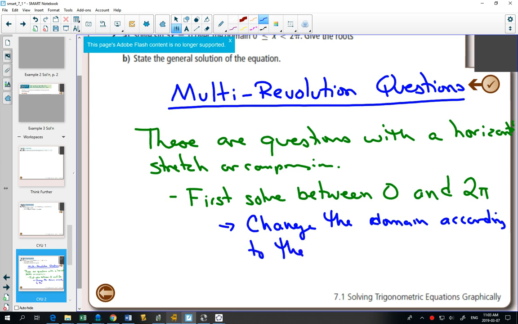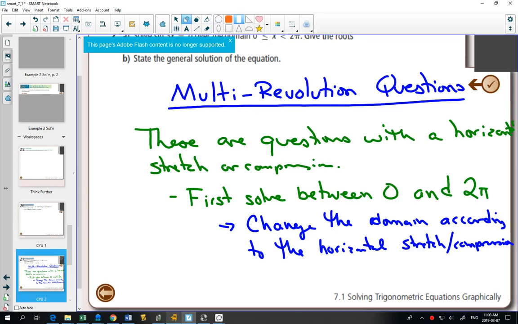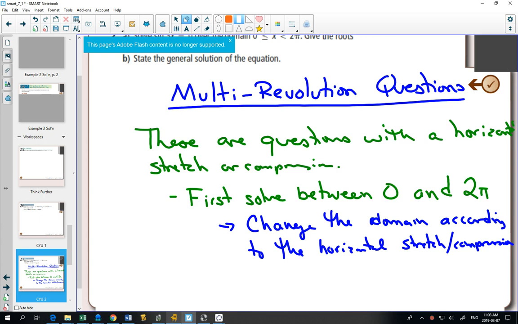I'll tell you what each of these things mean more clearly when we go to our example. So we're first going to solve it between 0 and 2 pi, but part of that is changing the domain because of the horizontal stretch and compression.